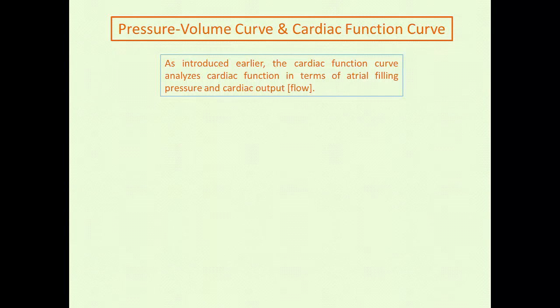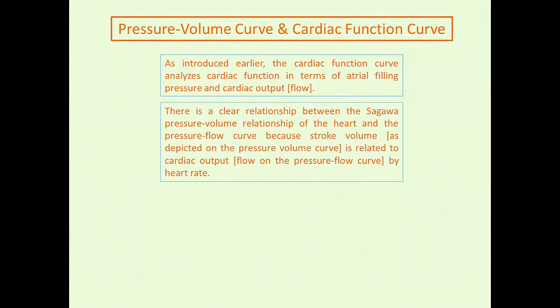That is, you fill the heart to this much, you get this much output. So there's really a clear relationship between the Sagawa pressure-volume relationship, which looks at the stroke volume, so it's kind of like, quote-unquote, cardiac output on a beat-to-beat basis, versus the bulk flow of the Frank-Starling curve.